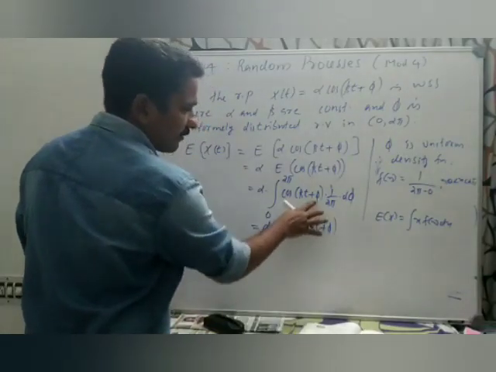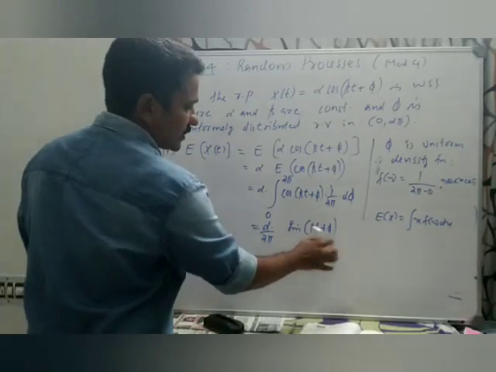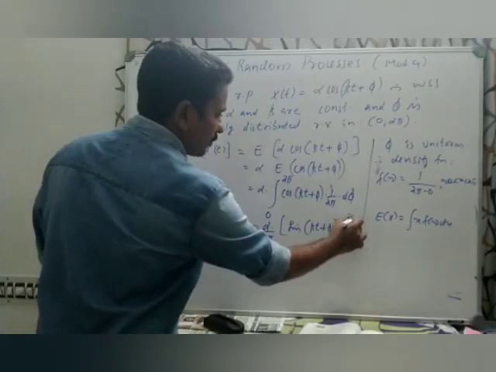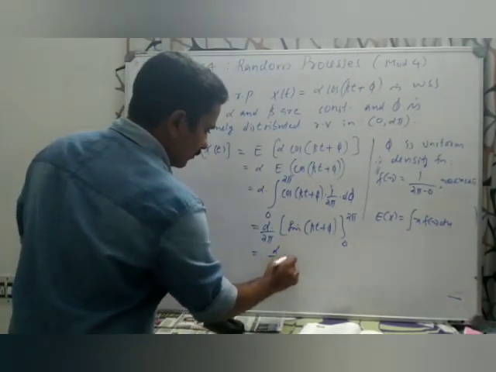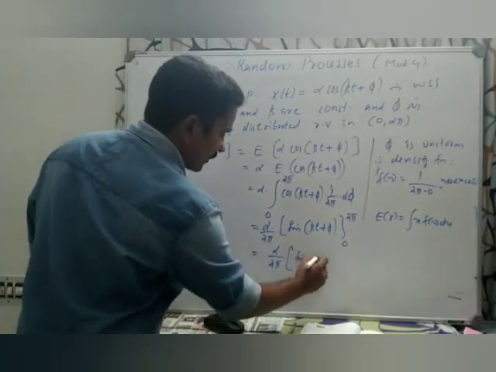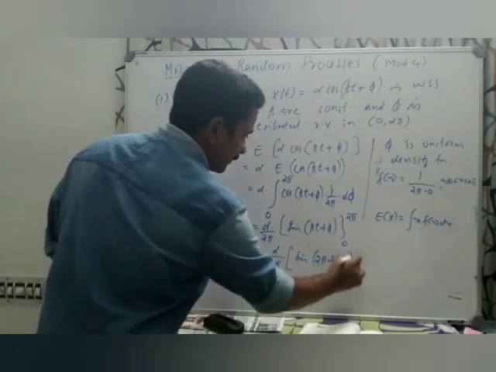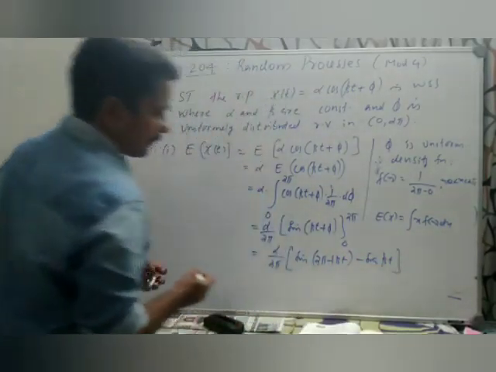We are integrating with respect to phi. Apply the limit from 0 to 2 pi. So you'll get alpha by 2 pi times sine of 2 pi plus beta t minus sine of beta t.